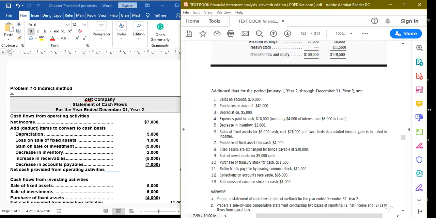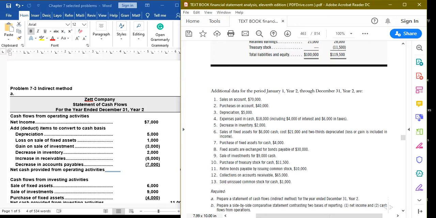Also the depreciation is 2/3 of this, which is $14,000. Purchase of fixed assets for cash, okay, so this is cash, $4,000. Fixed assets are exchanged for bond payables of $30,000. Sales of investments for $9,000.